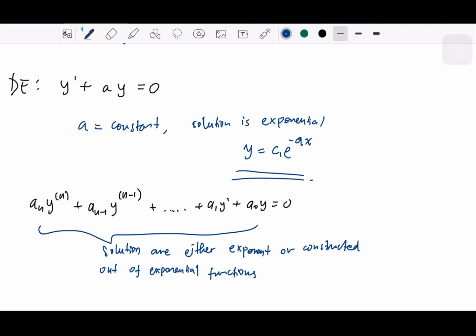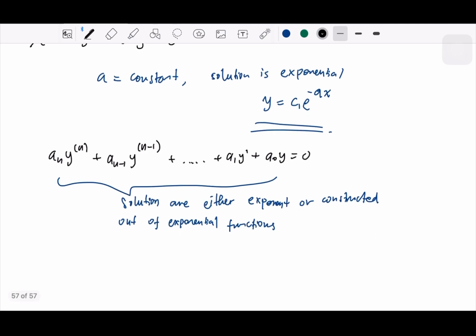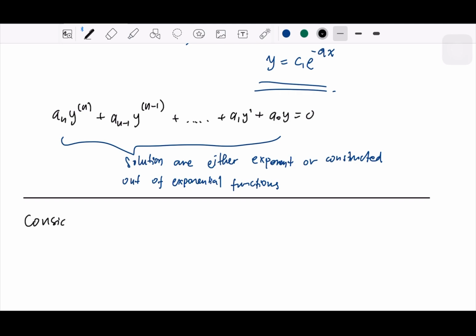So exponential will be very, very important in our explanations. Okay, to begin with this method, let me just write down some general form.